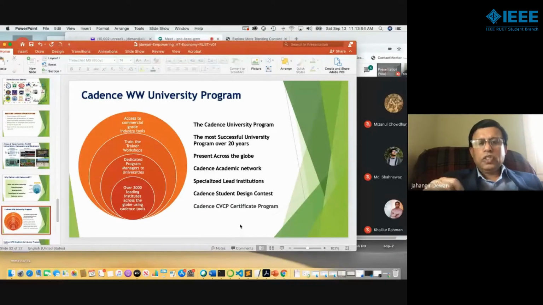All the resources are available, and we'll be supporting them. Also, students will get training tokens, and for peak time, say at RUET today in the lab you have 60 students, 2 labs in parallel, and you have 30 licenses. Cadence is going to give you extra licenses to fulfill your peak demand. Those things are available.